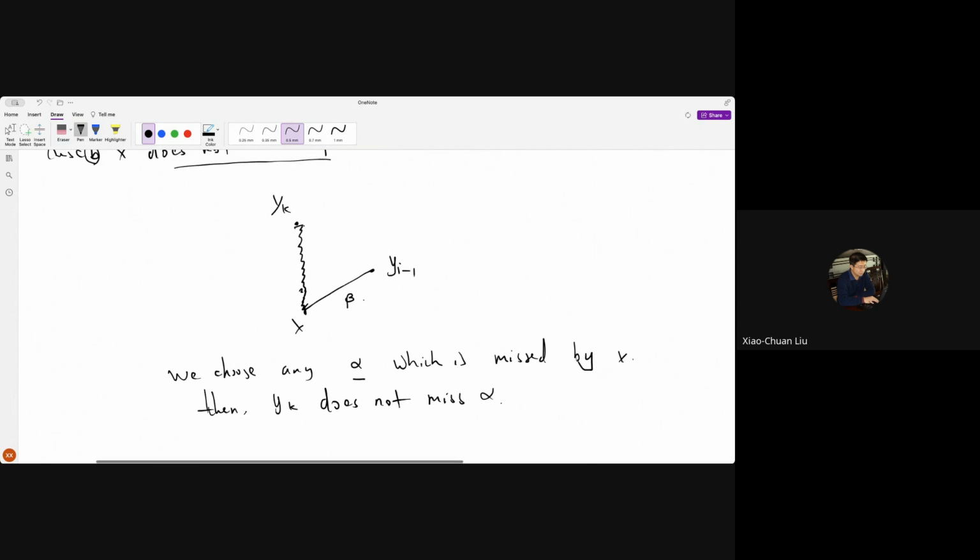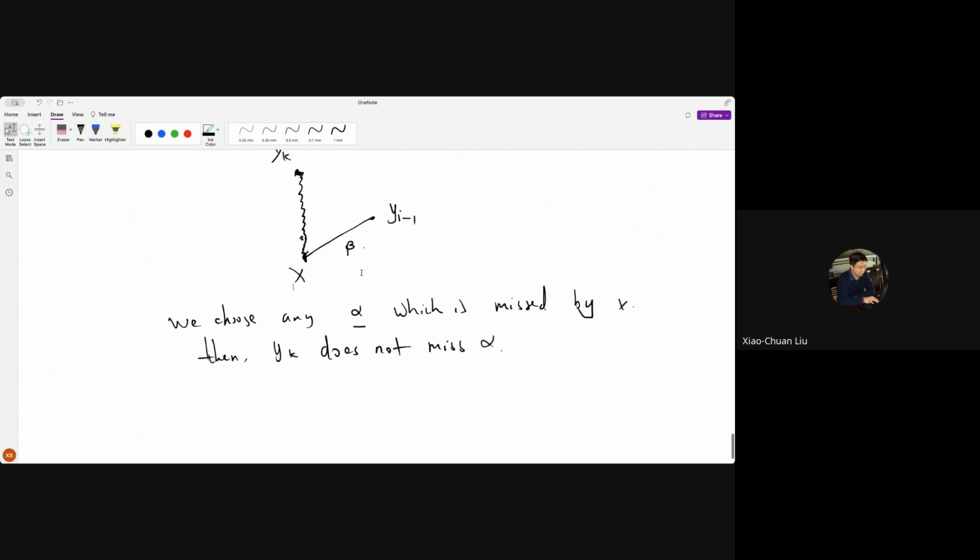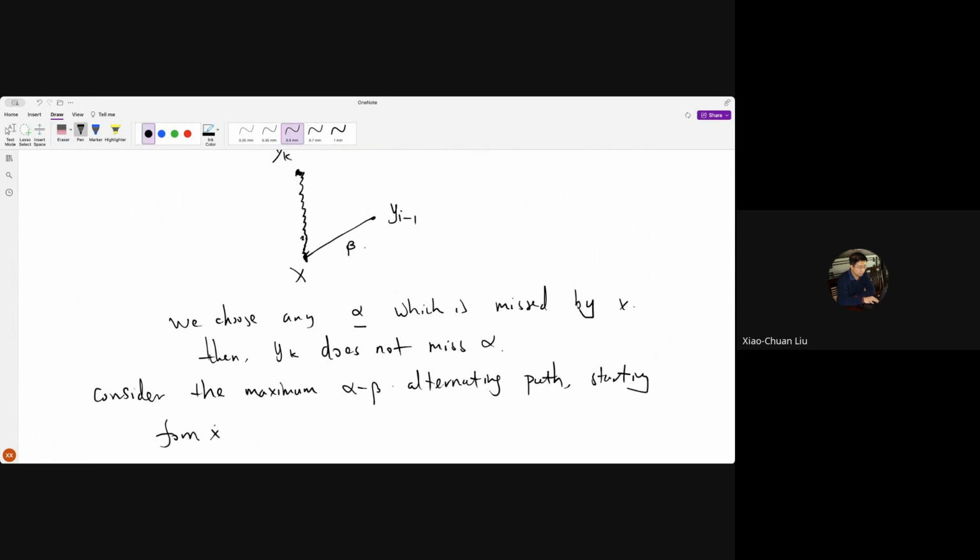So this vertex misses beta, but it does not miss alpha. And this vertex misses alpha, but does not miss beta. And by the claim, we will consider the maximum alpha-beta alternating path starting from x, because we already have one edge here.